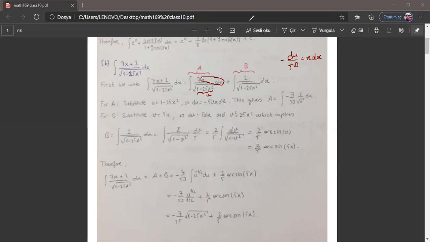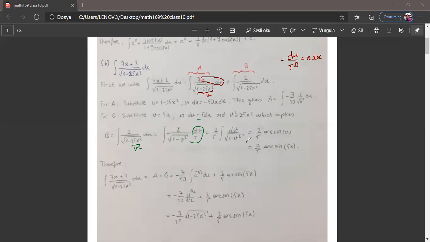And for the second part, B, we substitute v equals 5x, then dv is equal to 5 dx, and v squared is equal to this. We will use that, that's why I noted it here. So B is this, we know this is v squared, so we have 1 minus v squared, and dx is equal to dv over 5.